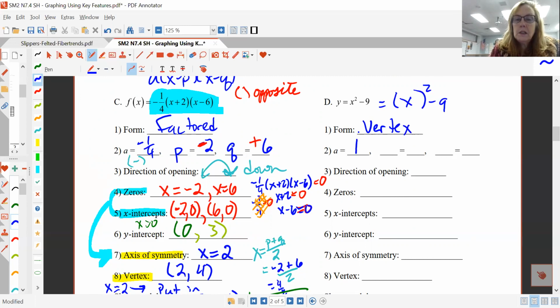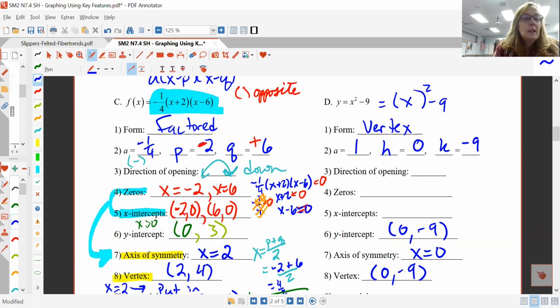So 1, h is 0 because you're not adding or subtracting anything. And then k is negative 9. So x equals 0 for your axis, 0, negative 9 for your vertex. Y-intercept also 0, negative 9 because your vertex and your y-intercept are the same point. And let's see, A is positive, so it goes up.